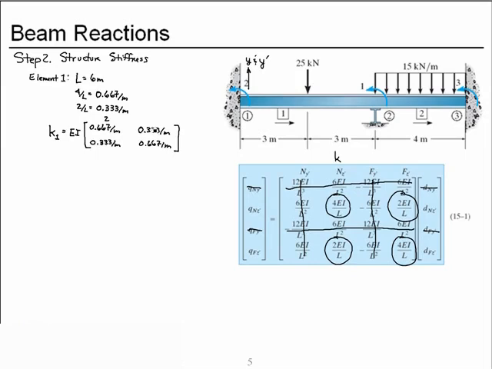This is the far node, and since this is near node and far node for element 1, this is degree of freedom 1. Now element 2.